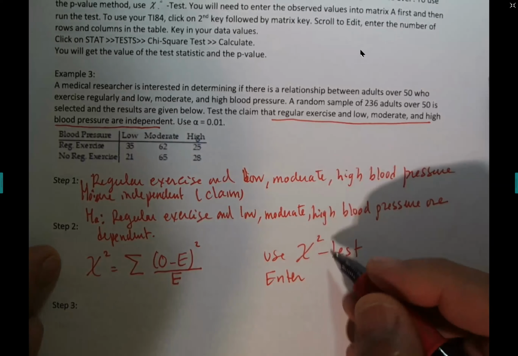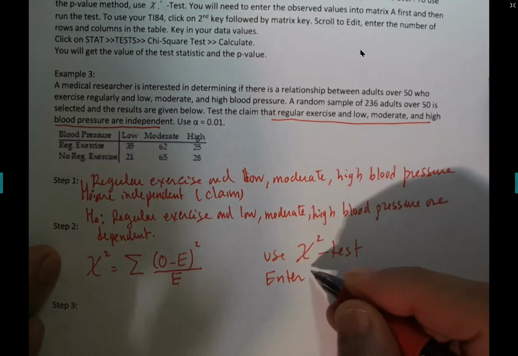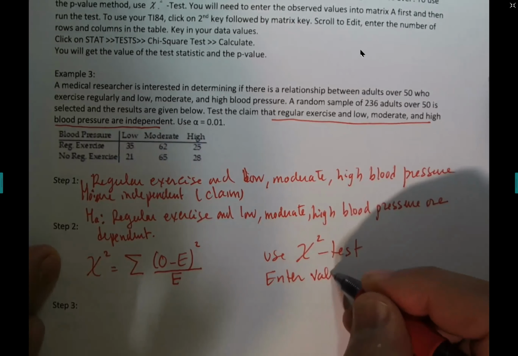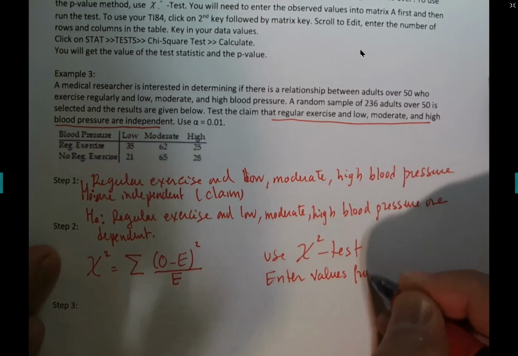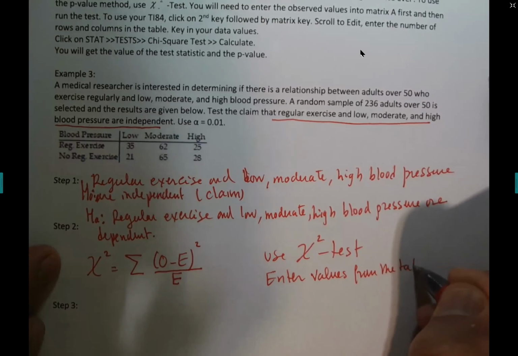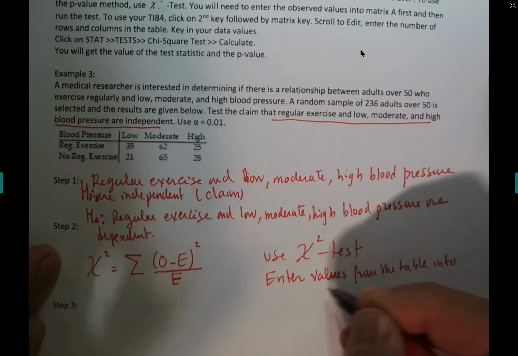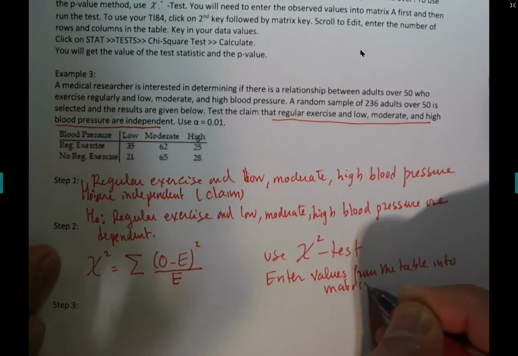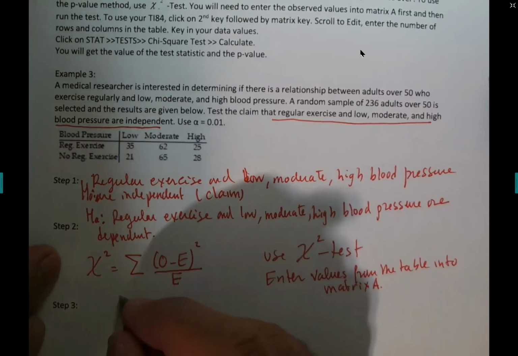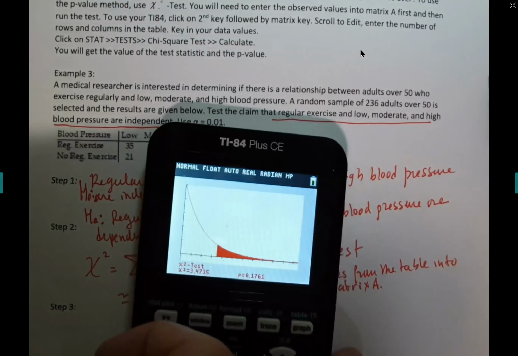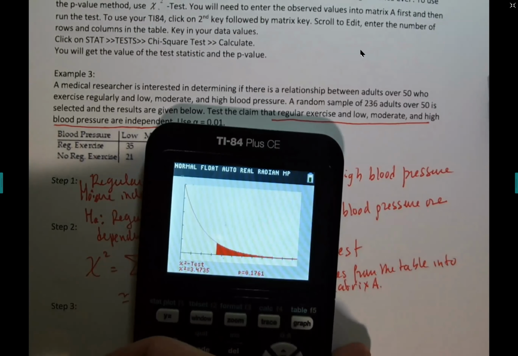So we entered the values from the table into matrix A. And you've seen that. And the chi-square, guys, turns out to be 3.474.